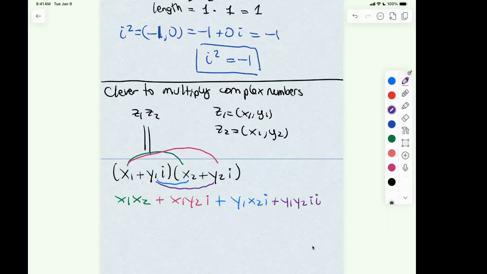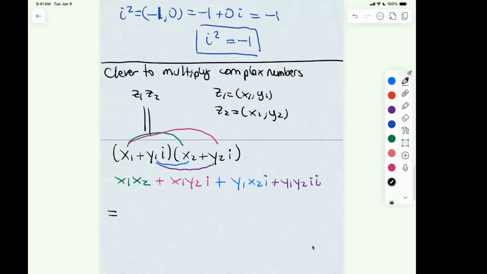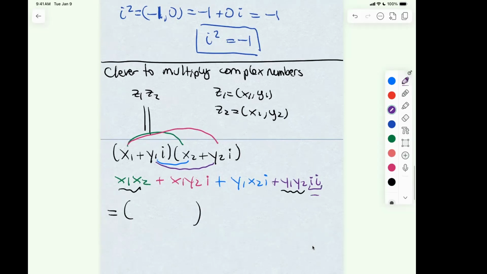And then, okay, so how does this simplify? What is i squared? We already talked about that. That's -1. So let's group these two terms together because they don't have i at all.